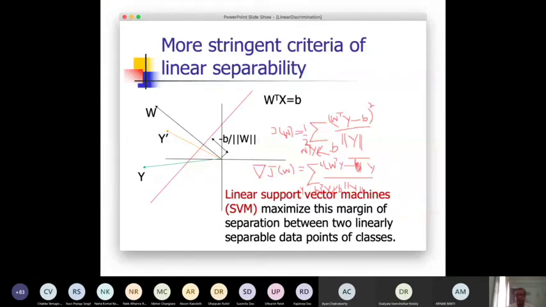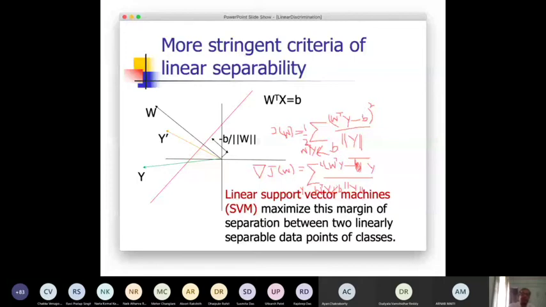So a linear support vector machine is nothing but a special case of a linear discriminant function, which maximizes the margin of separation between two linearly separable classes of data points. We will have the concrete mathematical definitions later on.